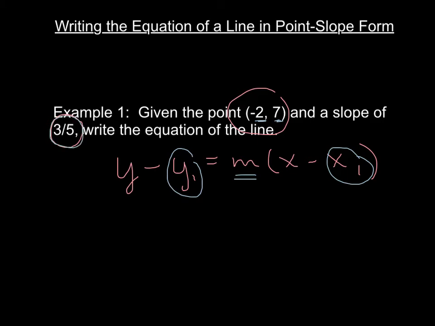So when it comes time to write the equation of the line, I'm going to write y minus the y-coordinate of the point is equal to the slope times parentheses x minus the x-coordinate of that same point. So it's going to be x minus a negative 2.